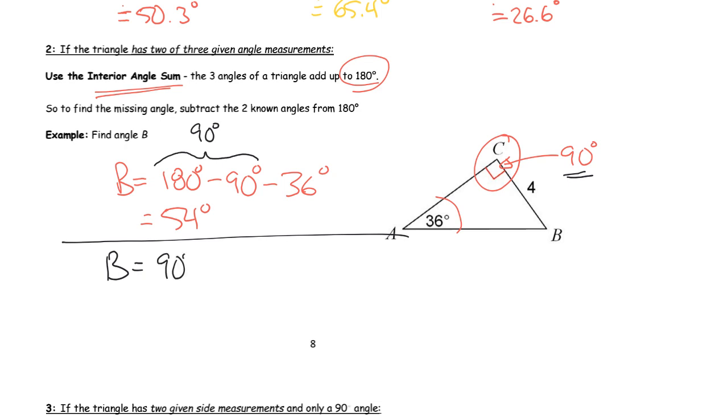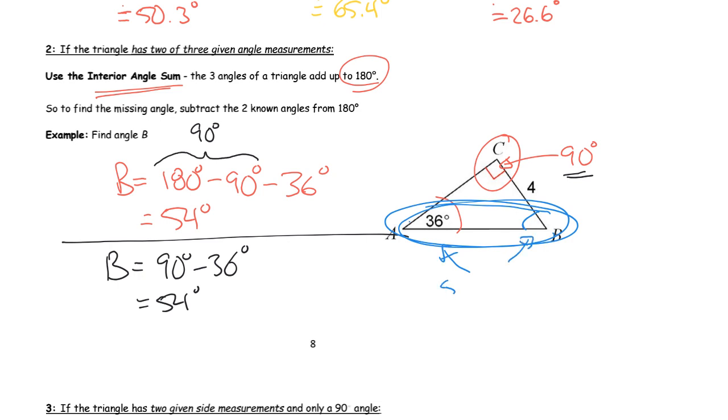I can simply write 90 minus 36 degrees, and that would give me 54 degrees as well. So what I'm doing here is I'm focusing my attention on just these two. As long as there's a right angle up here, these two angles right here also have to add up to 90. Okay, these two have to sum to 90 degrees. So that's just another way that you could go about doing basically exactly the same thing as we did previously, just taking a little bit more of a shortcut about it.